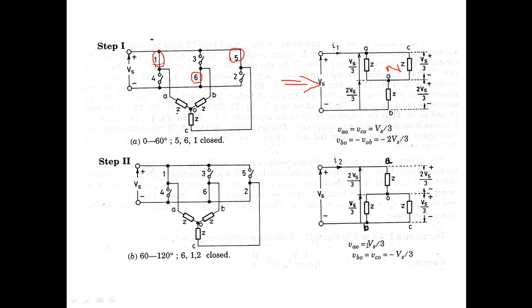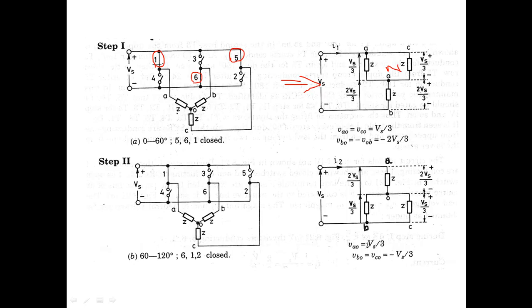With respect to the neutral point, we can measure the voltage across each phase, that is the phase voltages VA0, VC0 and VB0. So VA0 will be Vs by 3, which we can study in detail in the theory class.